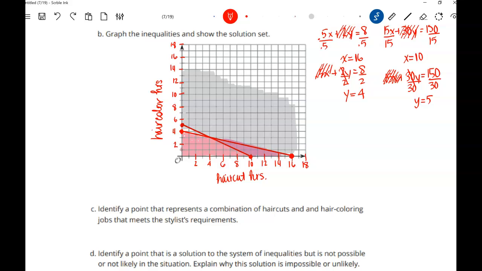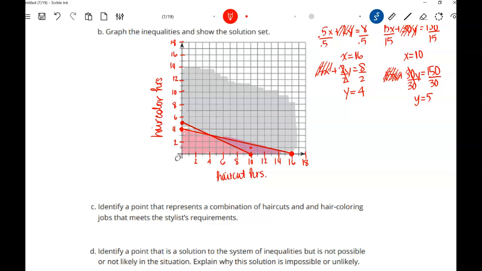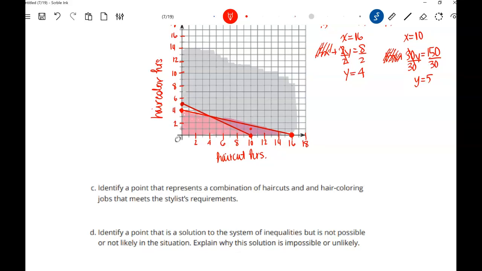Identify a point that represents a combination of haircuts and hair coloring jobs that meet the stylist's requirements. Anything in that double shaded area, for example, that point right there, which is 10 haircuts and 1 hair color.